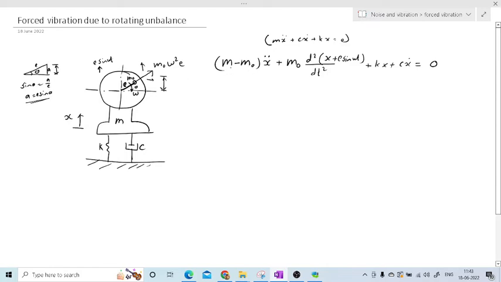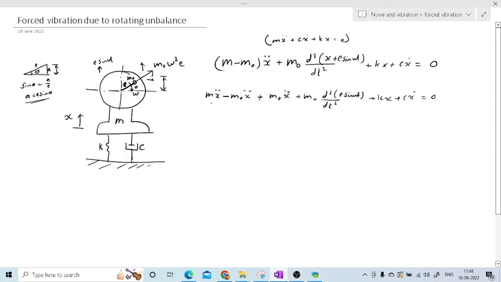I'll multiply this x double dot inside, so this will become mx double dot minus m naught x double dot, plus, taking individual differentiation, m naught d2x by dt square of the second term, e sin omega t, plus kx plus cx dot is equal to 0.